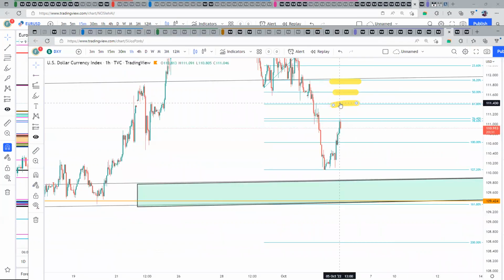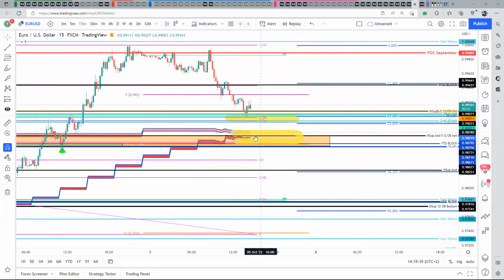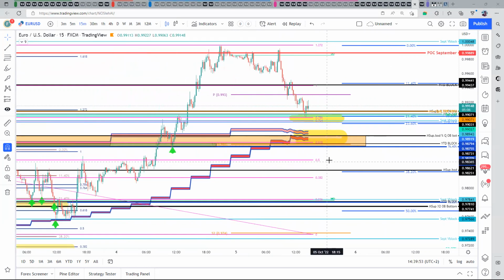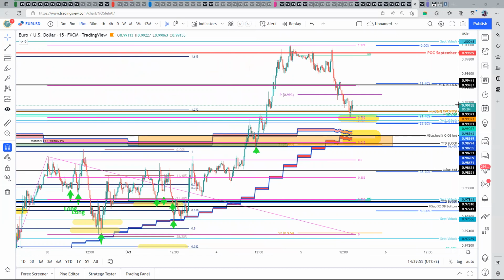So that would be probably in this area, the 61.8 at 111.41, or the 50% at 111.65. So 111.41, 111.65 would be the area we would look for to see something. If Euro USD would come in this area, then we would buy it again until, of course, we get another leg on the upside.